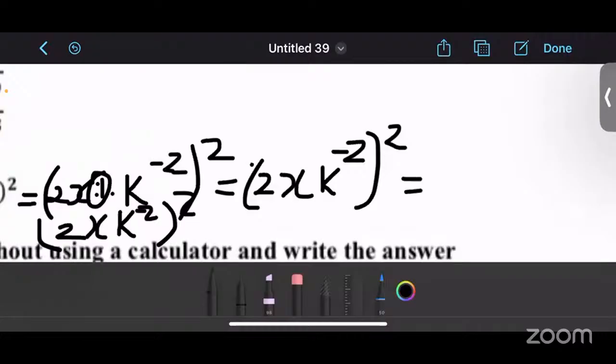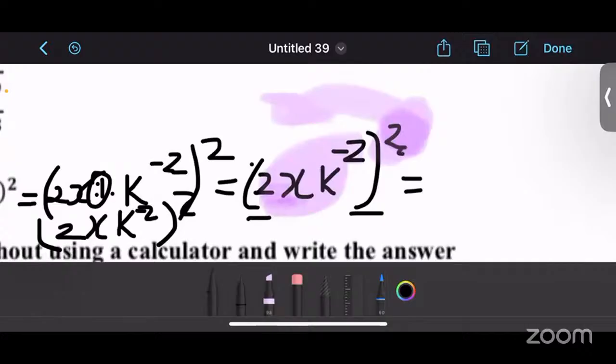So remember, when you are trying to get rid of the brackets, and there's an exponent outside the brackets, everything that's in the bracket, its exponent is going to be multiplied by whatever is here. So this 2 that you're seeing here that I'm highlighting is going to multiply each and every exponent in here.